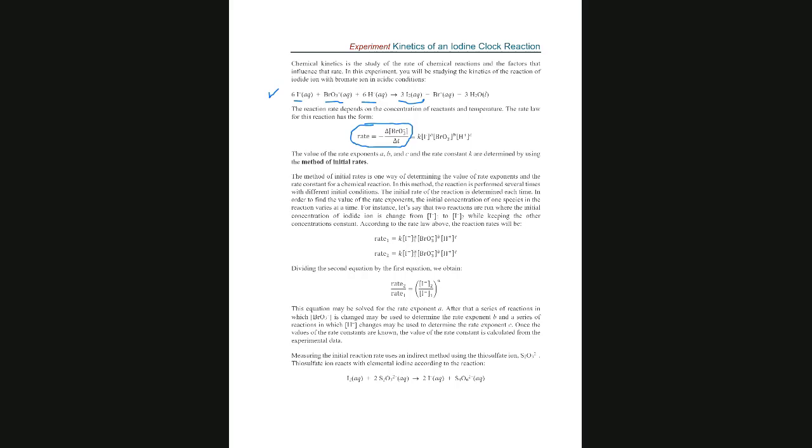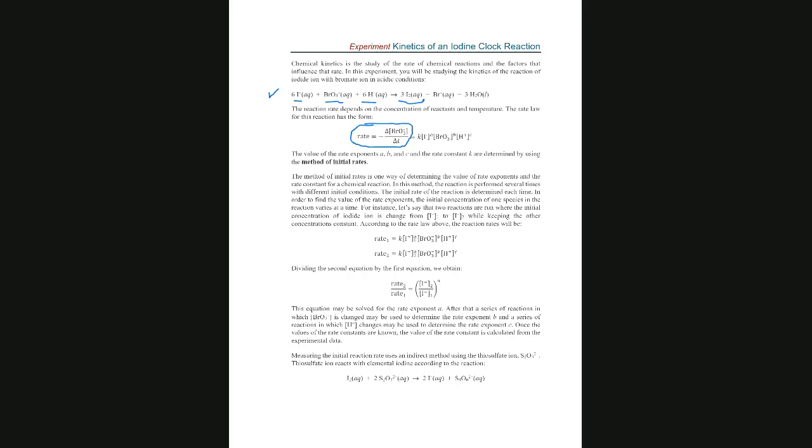This is how we define the rate. If we are trying to see the speed of a car, we say how many miles in a specific time. Here it is how much the concentration, either of a product or a reactant, changes over that specific time.